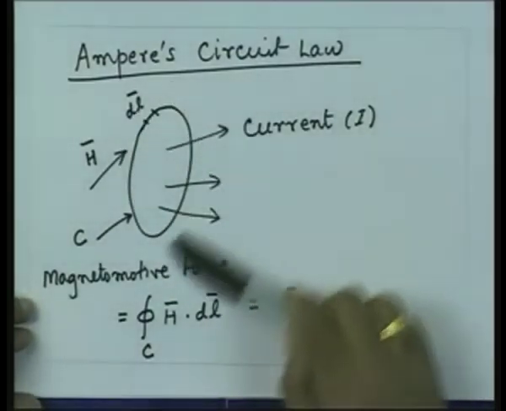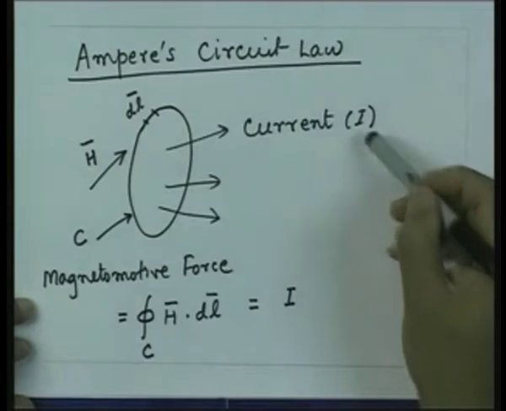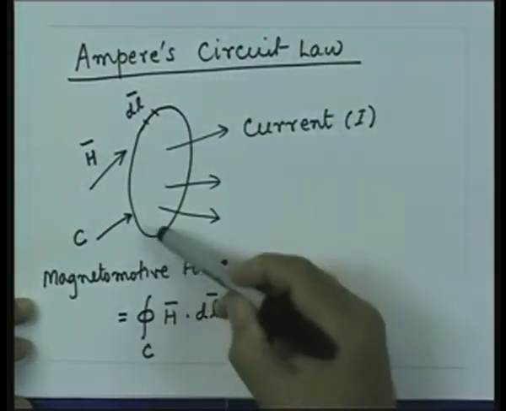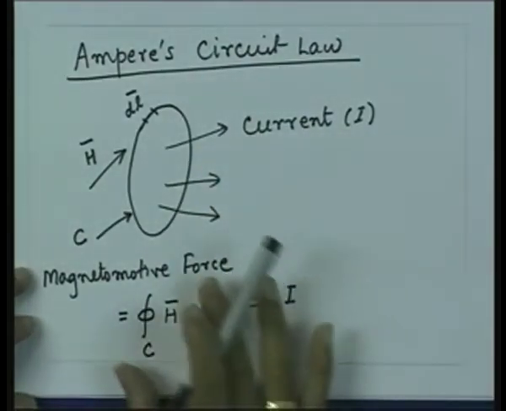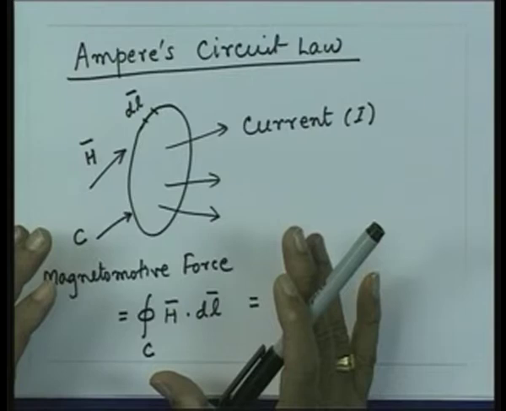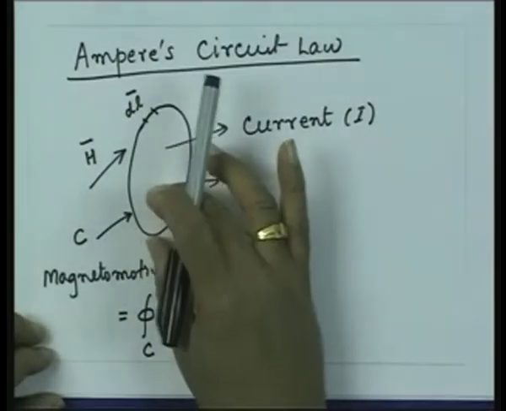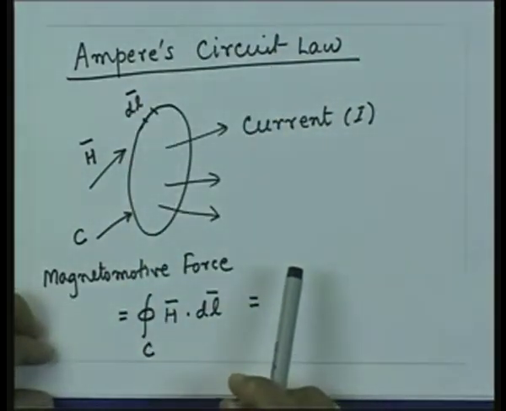However, if I take a loop of any arbitrary size, it is possible that the current may not be uniform inside this loop; it might be varying from location to location. What is required is the total current. If the current is varying, we can write it in the form of the current density integrated over the area of cross section.